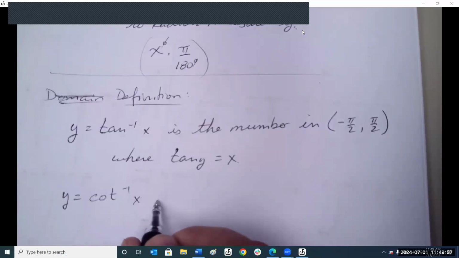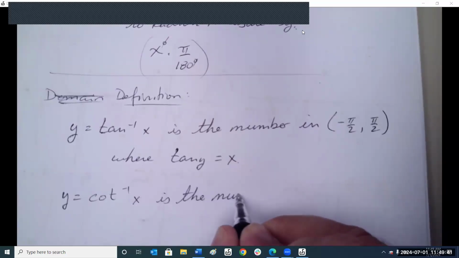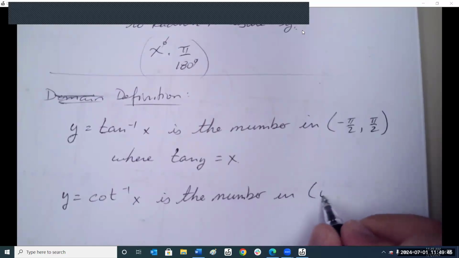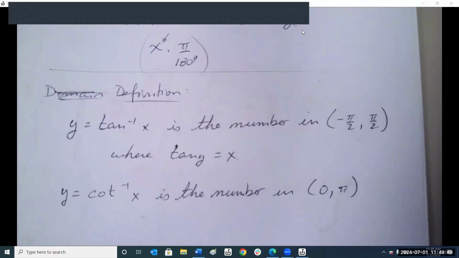Inverse cotangent is the number in the open interval, because we're always going to use either open intervals or half open intervals with inverse functions, where cotangent of y equals x.